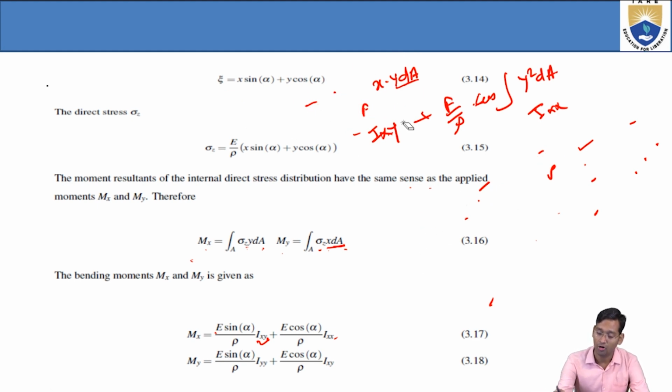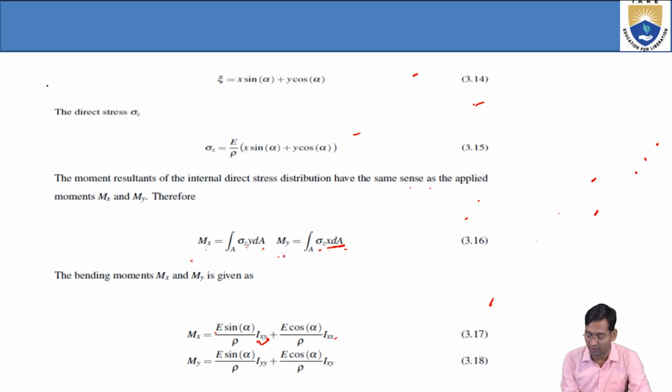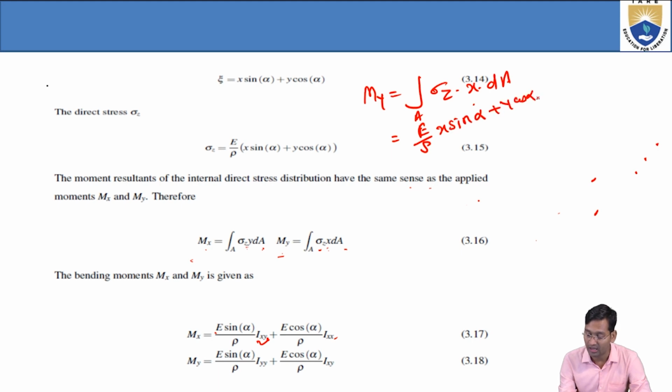Now similarly we can find My. The My equation is this one. My is the integral over A of sigma z into x dA. Put the sigma z value again: E by rho into x sine alpha plus y cos alpha, into x dA.